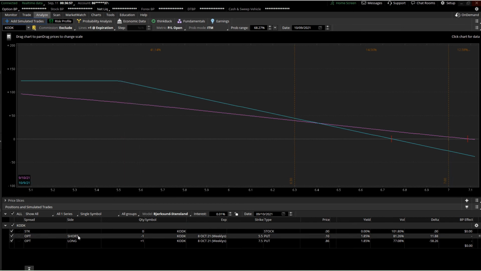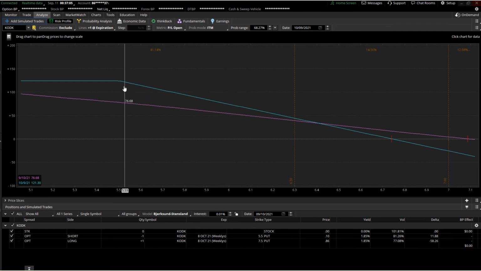Because I sold this 550 to someone, and someone actually bought it from me, this person could turn around and exercise the contract and buy the shares at 550. So I would have to fulfill that part of the contract, because an option is a legal contract between a buyer and a seller.